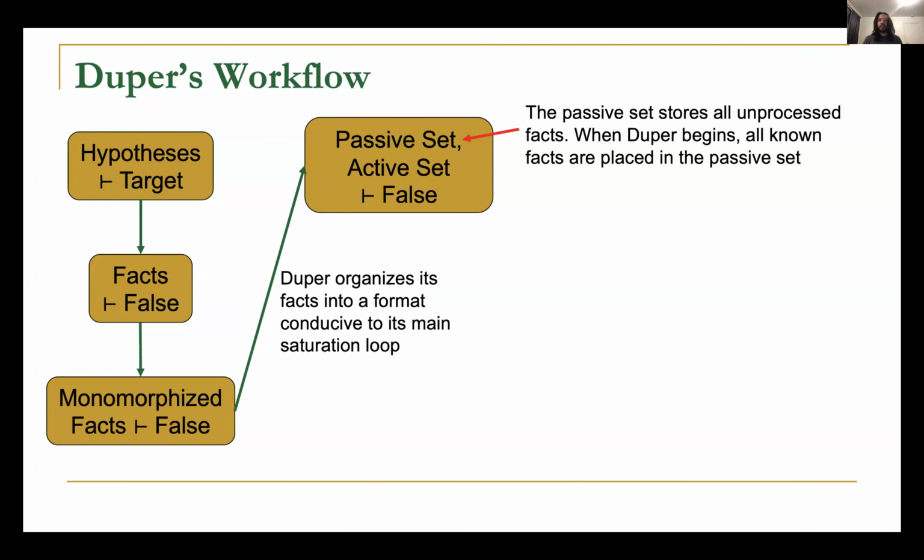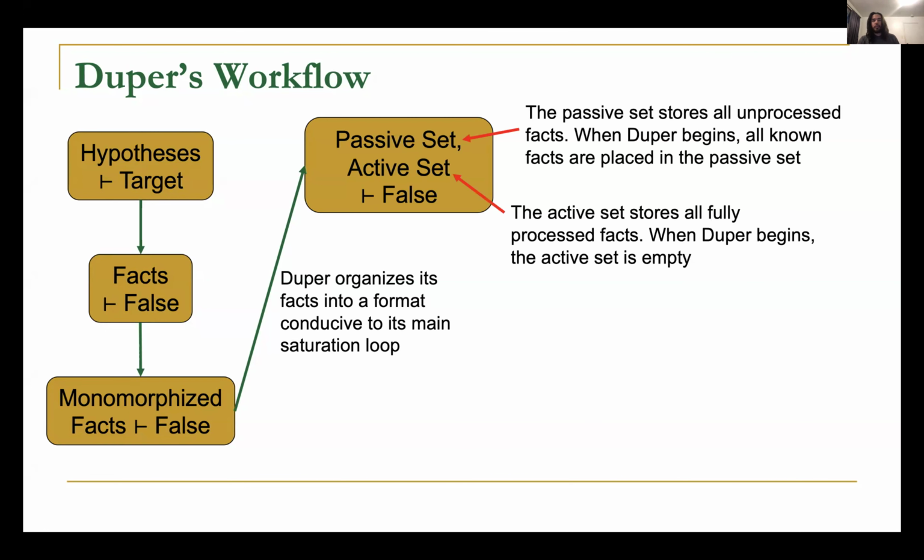The passive set stores all of the unprocessed facts that Duper has, and when Duper begins, all known facts are placed in the passive set. The active set is where Duper stores all of its fully processed facts, and when Duper begins, the active set is empty. I'll explain what I mean by unprocessed versus processed facts in a little bit.